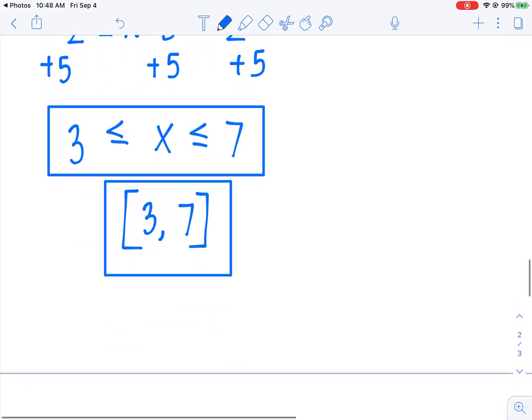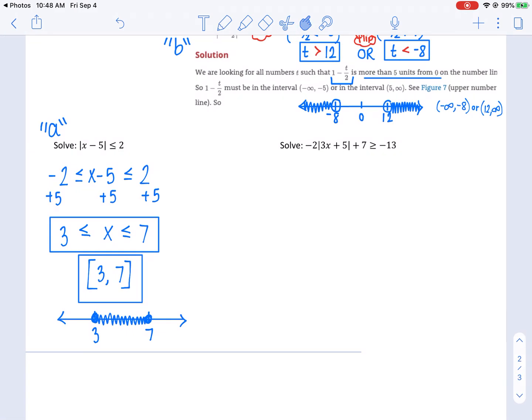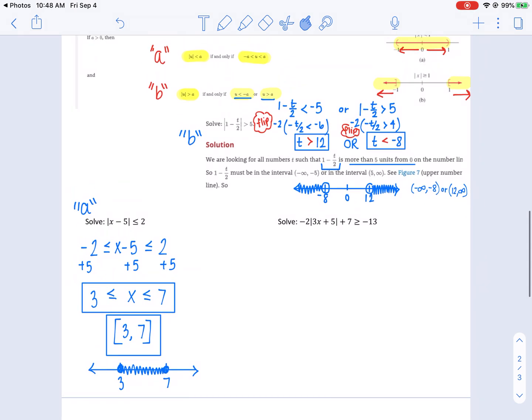And if we want it on a graph, you have 3, you have 7, both are closed, and you shade in between. And that is exactly what an A version is. You shade in the middle.